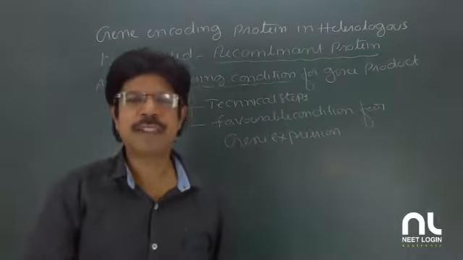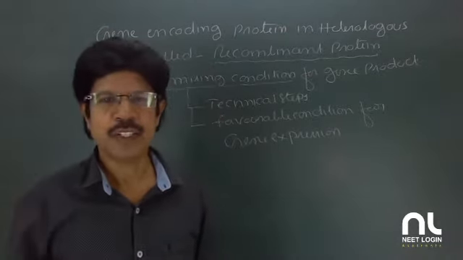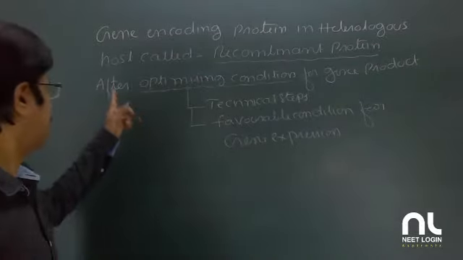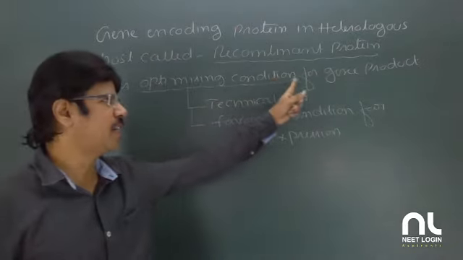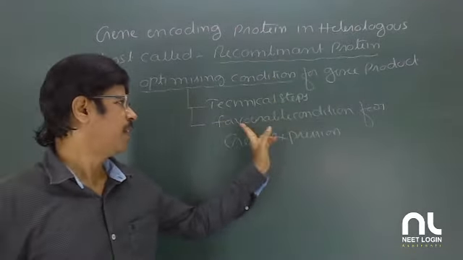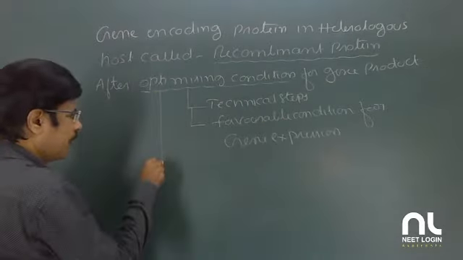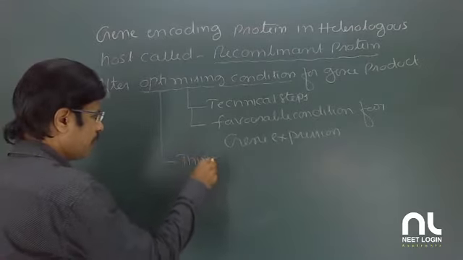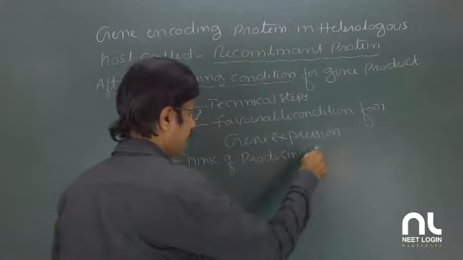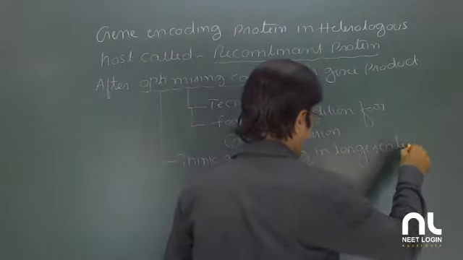There must be congenial conditions for expression of the gene. We are providing the condition, so in that condition, the gene is going to be expressed. After optimizing the condition for the gene product, and the technical steps which provide favorable conditions, you have to think of producing on a large scale.